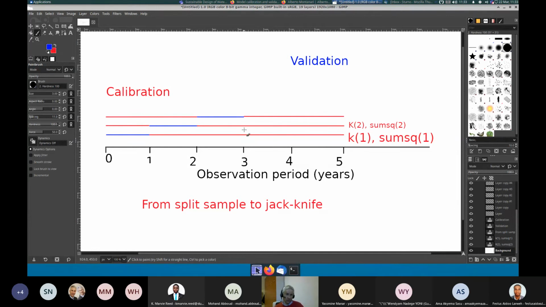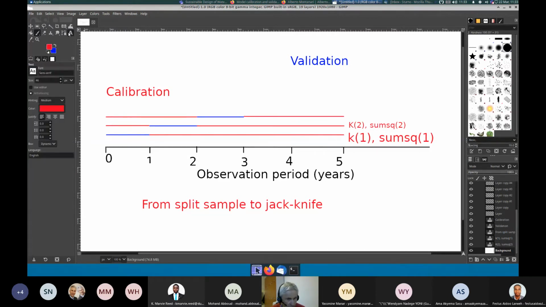So you see that you are moving at each iteration the validation period forward. Good. And now here we can write K3, sum of squares 3.